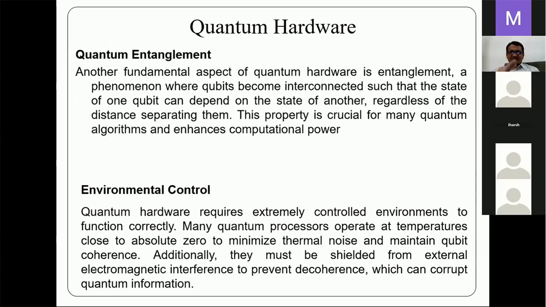Please see that quantum entanglement is very connected to the next point I am discussing, environmental control. Quantum hardware requires an extremely controlled environment to function correctly. Many quantum processors operate at temperatures close to absolute zero to minimize thermal noise and maintain qubit coherence. They must also be shielded from external electromagnetic interference to prevent decoherence, which can corrupt your data.